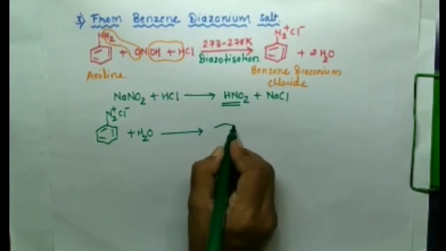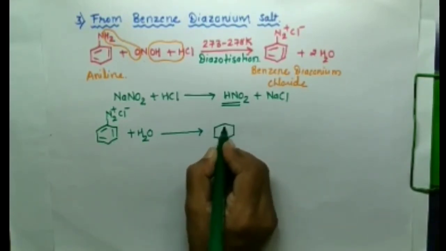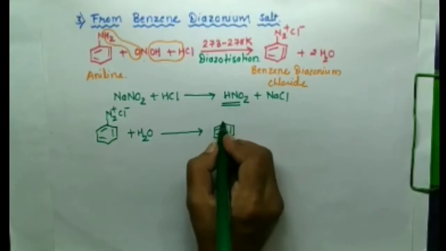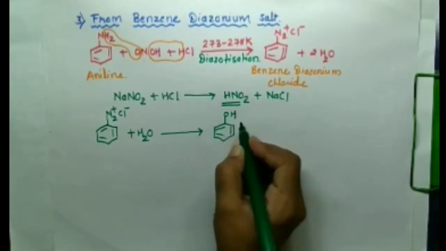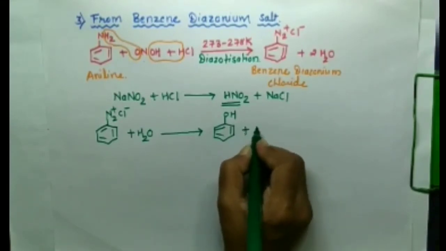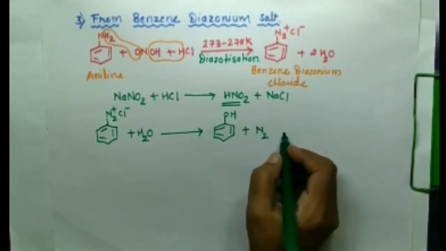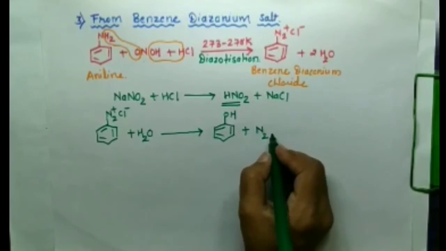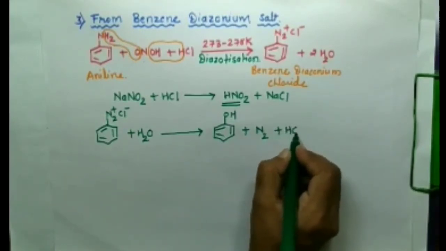So that azo group will be replaced by OH, and here there is elimination of nitrogen along with HCl.